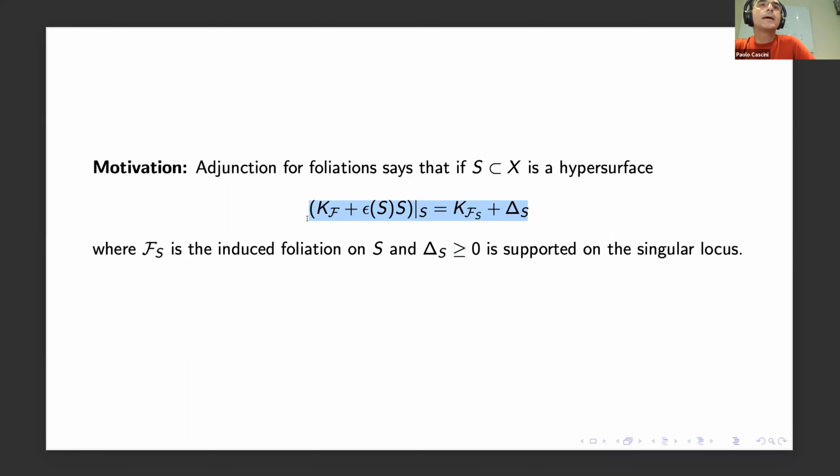And so we can use this formula to compare X to S, where S is a hypersurface, and work from there. As I say, the reason why we distinguish two cases is because adjunction does not work exactly the same in these two cases. So we really need to have different formulas for different cases.